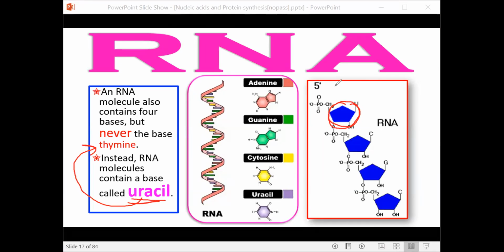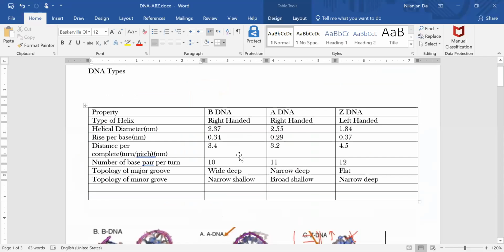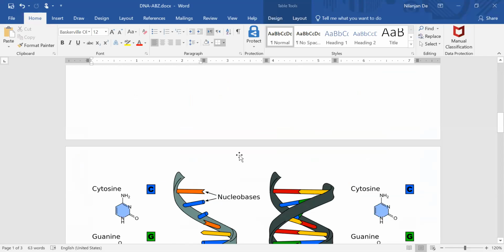Those are two major differences. Another difference is that RNA is generally single stranded. Like, if we talk about this, see over here.